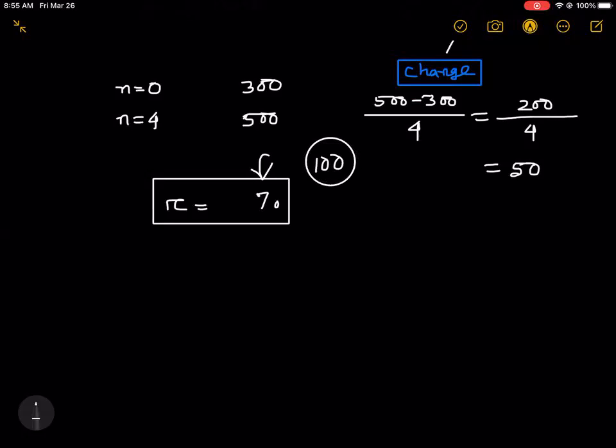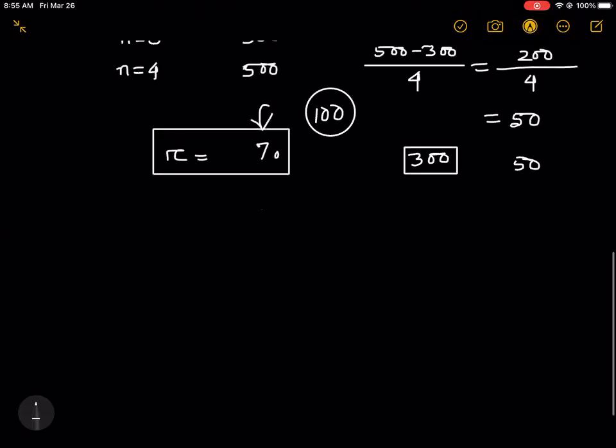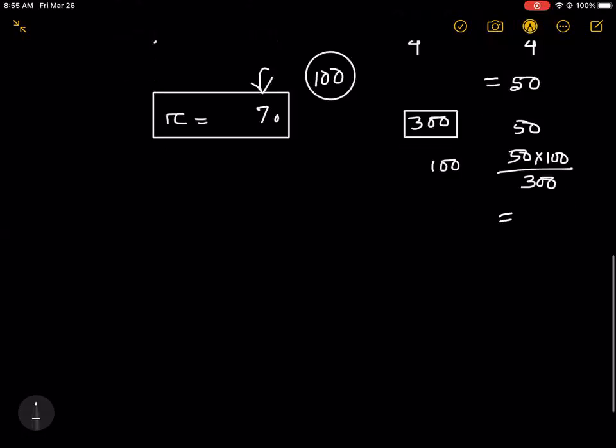So this change was made for 300. For 300, the change per hour was 50. So for 100, it would be 50 times 100 over 300. So it should be 50 over 3 rather.